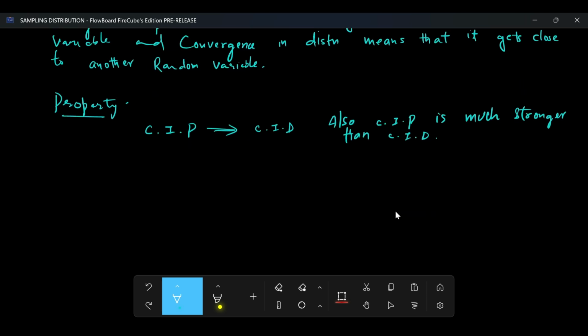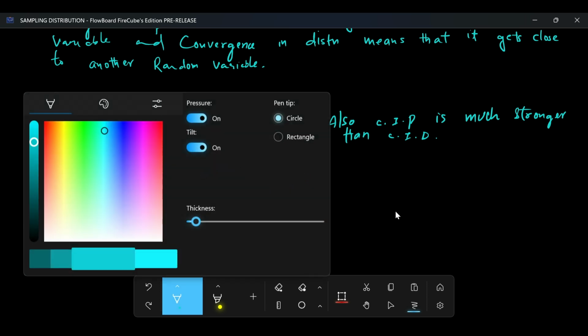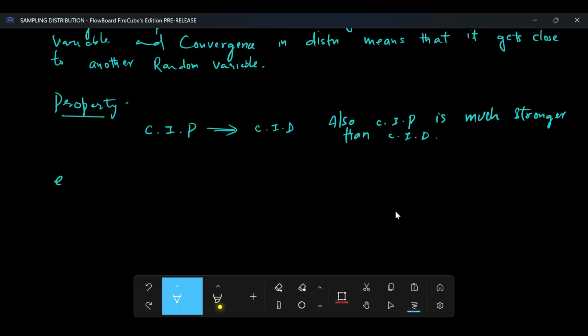And if you are asked whether CIP implies CID, or CID implies CIP, which one of these two is true? This is directly true, but the converse is not true. Convergence in probability directly implies convergence in distribution, but the converse of this is not true, right?